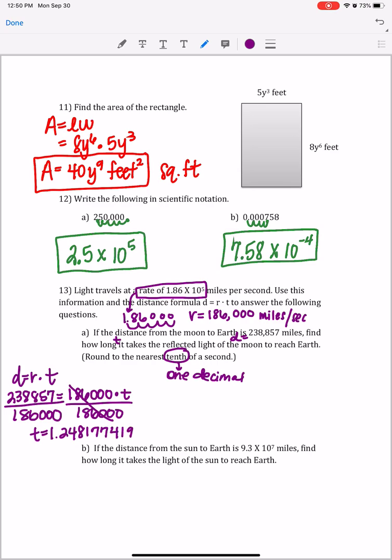Okay, so when I am rounding this, I'm wanting to go to 1 decimal. So this 2, look at the 1 behind it. That 4 makes that 2 stay. So my time is 1.2.